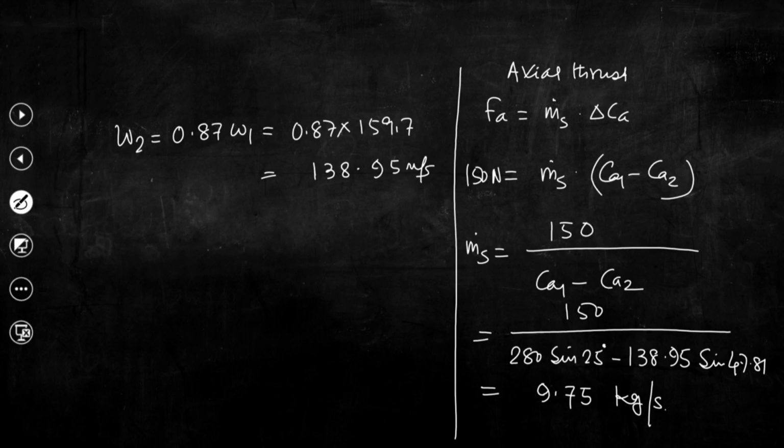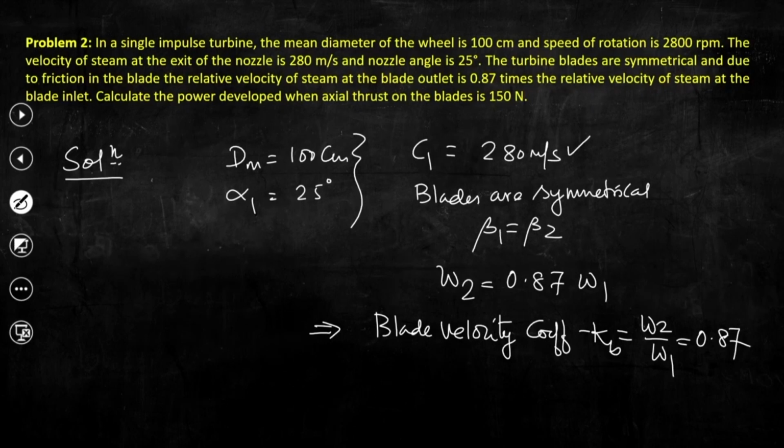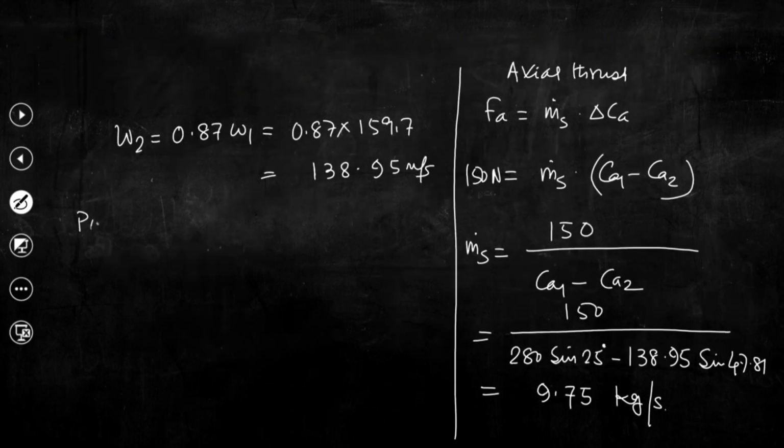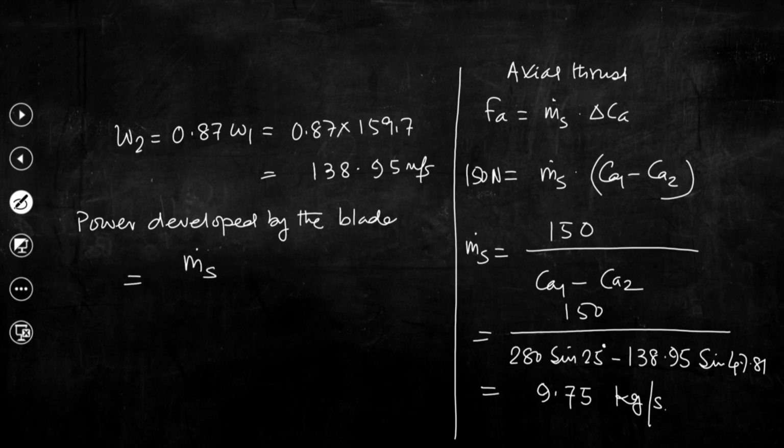Now, we have to calculate the power developed, right, because that is the quantity of interest for this particular problem. So, power developed by the blades is equal to the tangential thrust, m dot s into delta c theta into u, divided by 1000 so that we can write the unit kilowatt, provided delta c theta and u are in meter per second, and m dot s is in kg per second.